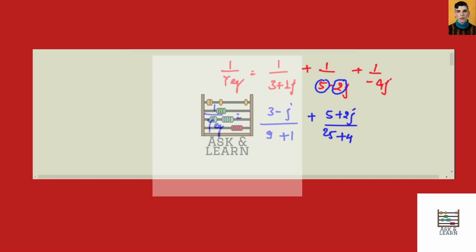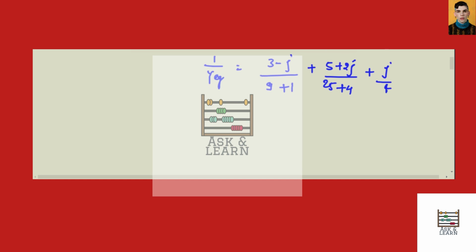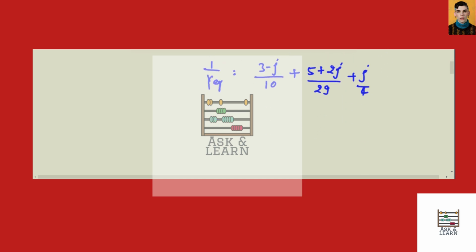And similarly, if you do the same thing over here, you will get J by 4. So if you further simplify, the value of 1 by Y equivalent will be (3 minus J) by 10 plus (5 plus 2J) by 29 plus J by 4. Now we just have to simplify it.